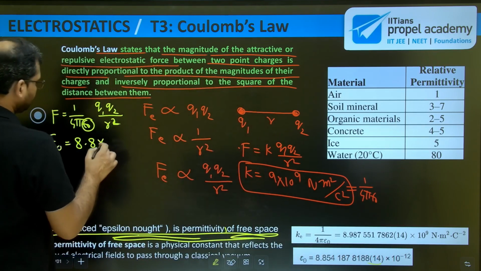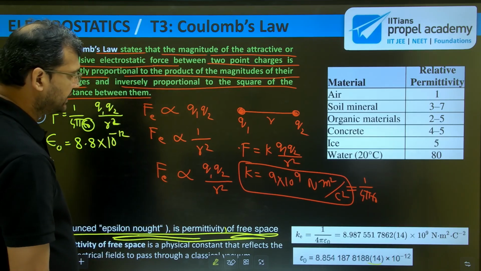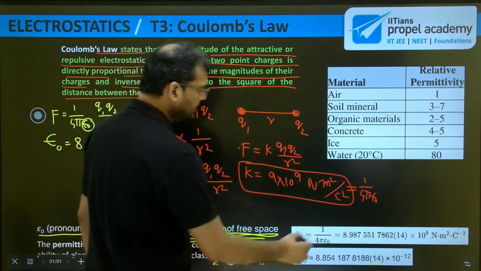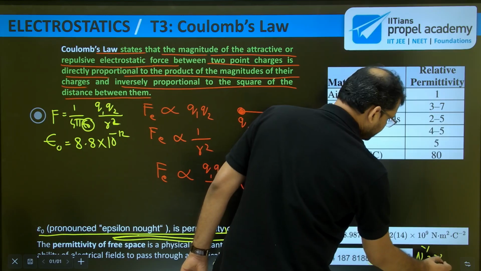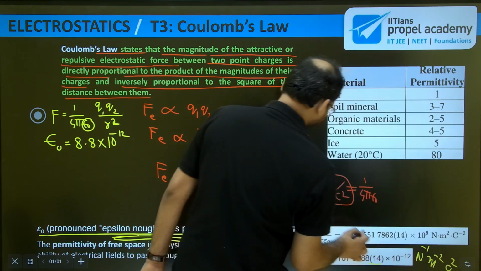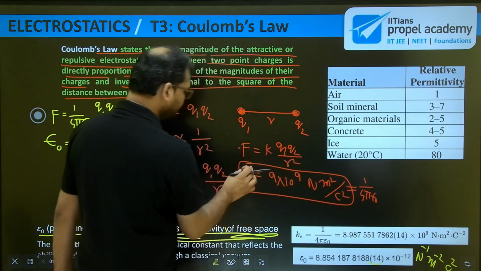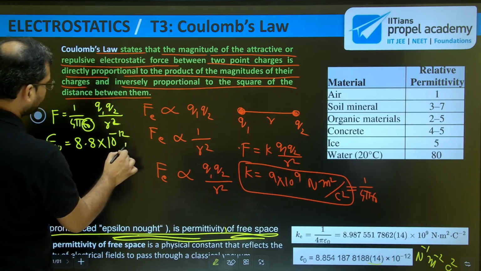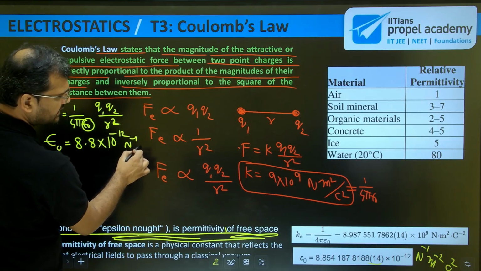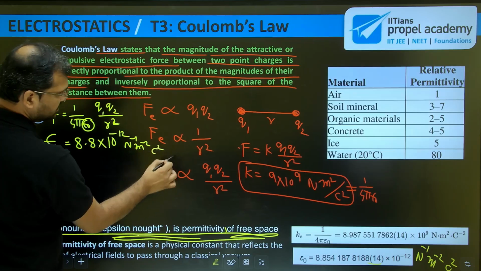So that's 10 power minus 12, and the units are exactly the inverse of the units of K. So here it is Newton inverse meter minus 2 Coulomb square, that is N inverse m minus 2 C2.